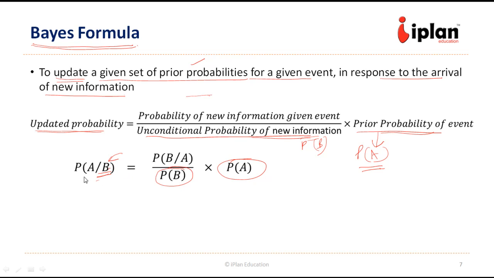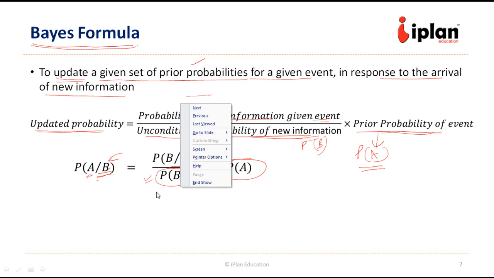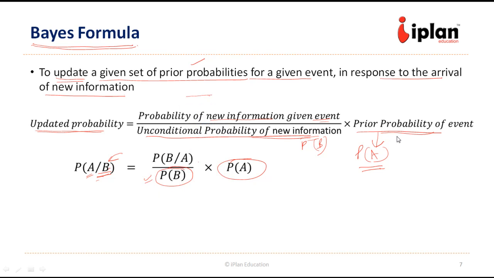Now we need to find out the impact on A: what is the probability of A given B has already occurred. This is given by the Bayes formula. In the numerator we have the probability of B given A, the probability of the new information given the event, multiplied by the prior probability of the event, which is also an unconditional probability, divided by the probability of the new information, the unconditional probability. We need to remember this formula so that we can find the updated probability when new information comes up.